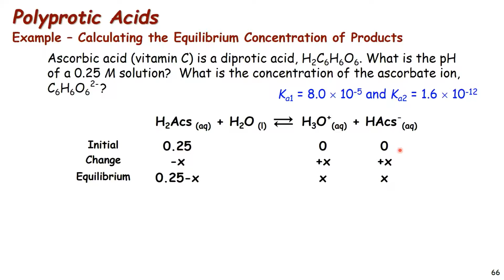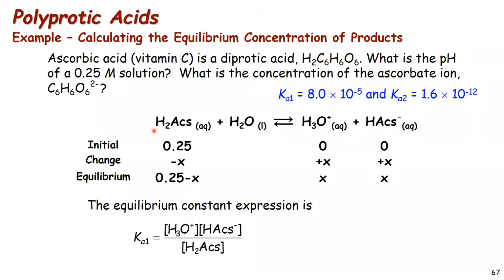Our equilibrium constant expression will be our products, each raised to the first, since the coefficients are 1, divided by our ascorbic acid raised to the first. We now plug in our equilibrium concentrations and our Ka value, which is 8.0 times 10 to the negative 5.